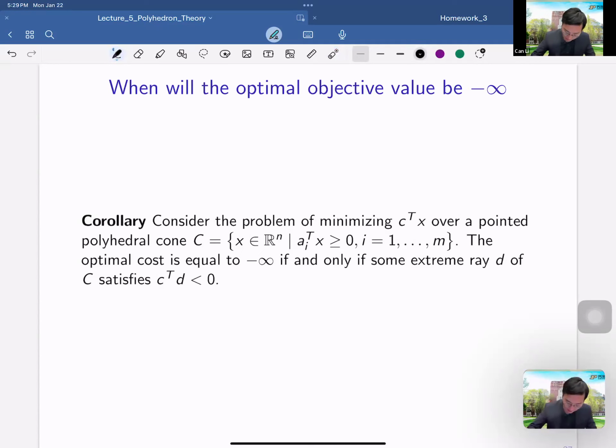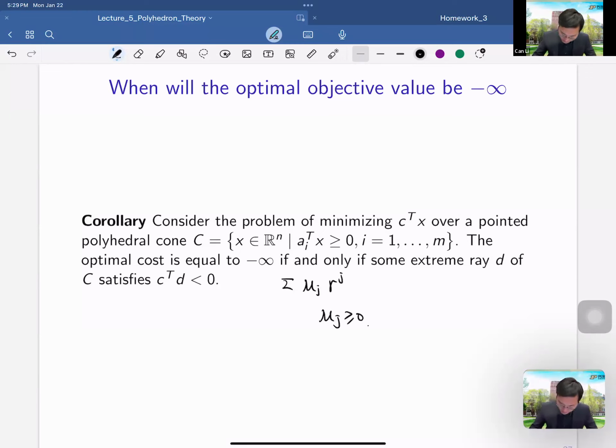Because this polyhedral cone can be expressed as a conic combination of all the extreme rays r_j, with mu_j greater than or equal to 0.